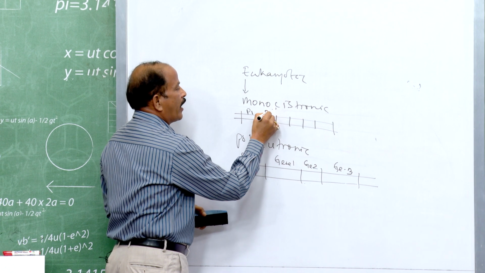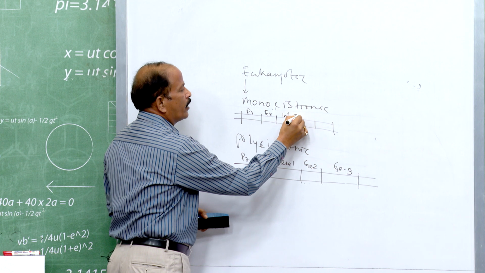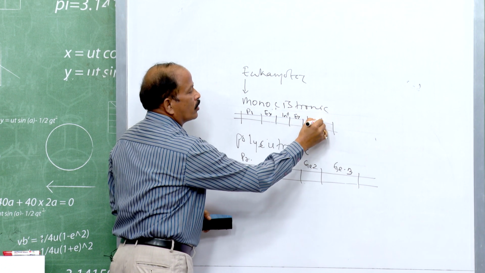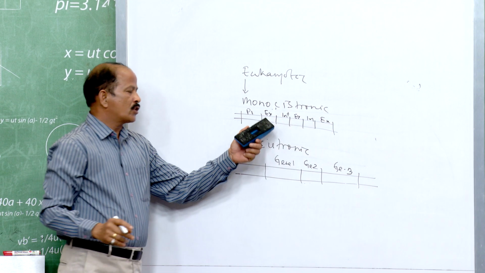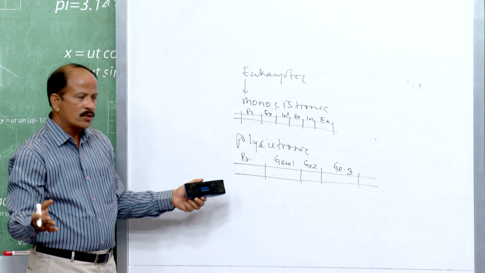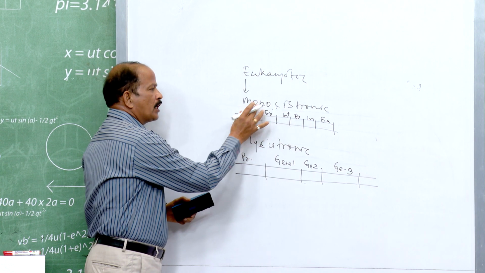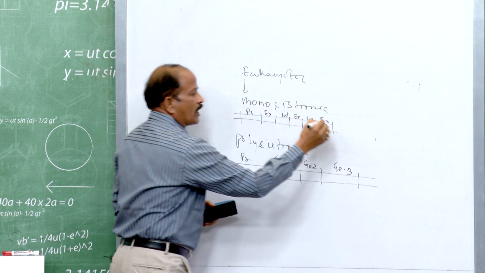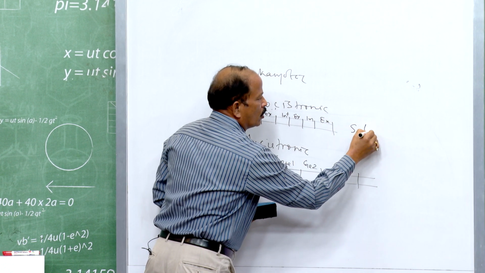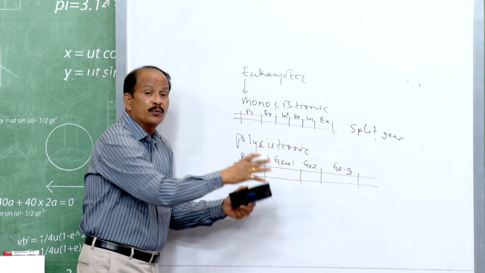It is having exon and intron, likewise. So, the major difference between eukaryotes and prokaryotes is that eukaryotic genes are monocistronic and the cistron is split. So, that is why it is a split gene, but these are continuous genes.